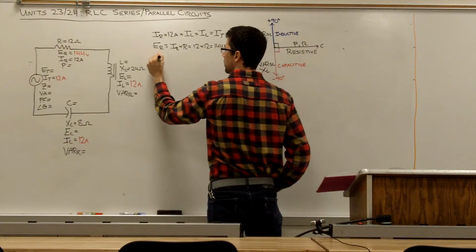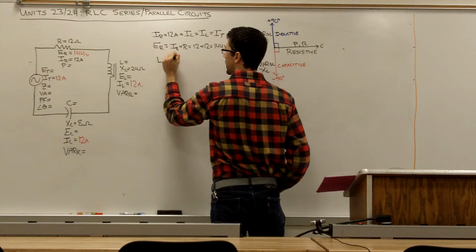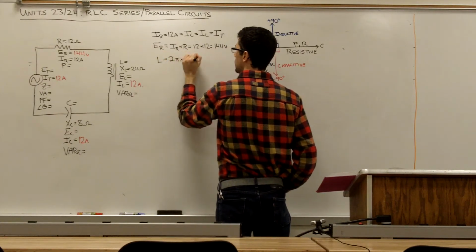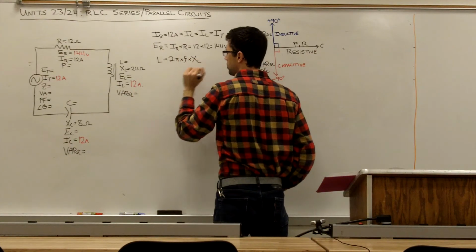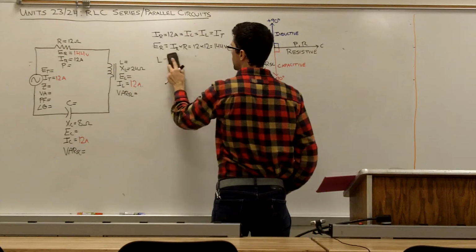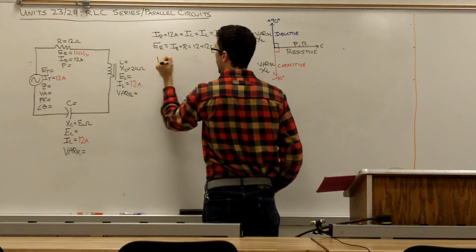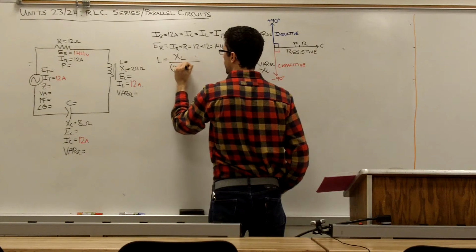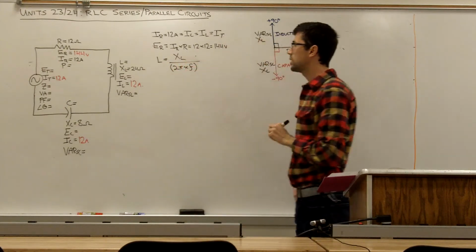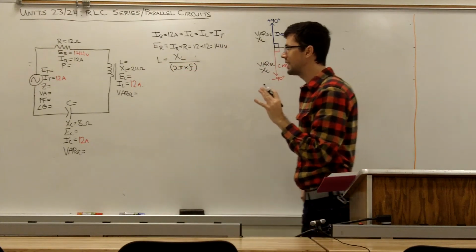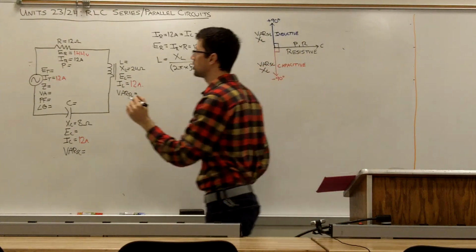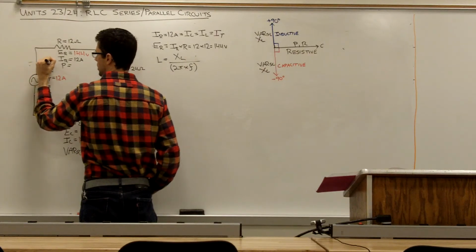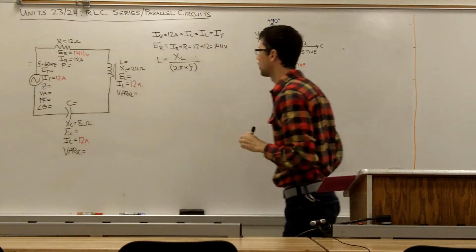The inductance, L, is equal to 2 pi times the frequency times the inductive reactance. Oops, no, I'm sorry. Got my equation mixed up. L is equal to the inductive reactance divided by 2 pi times the frequency. Once again, if the frequency is not given, always assume that it is 60 hertz.